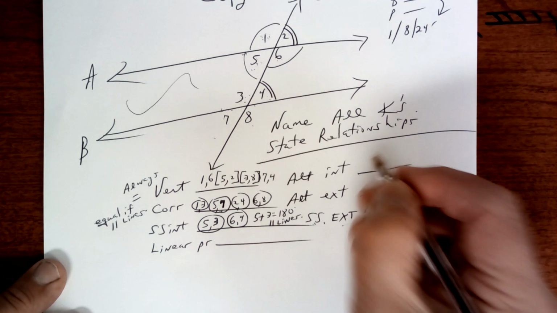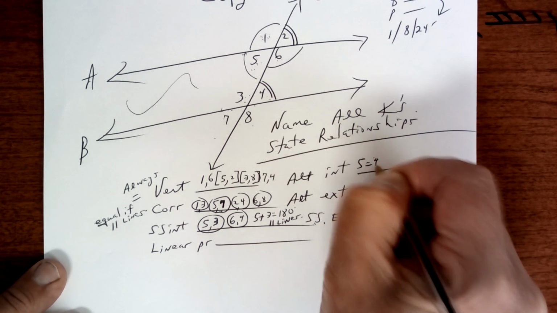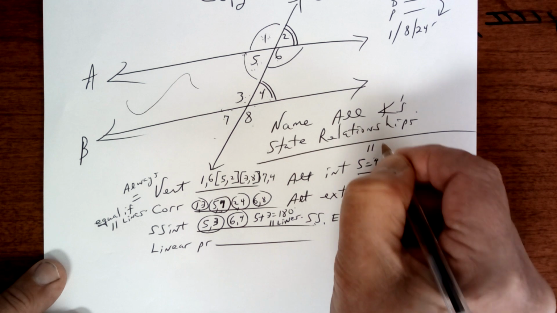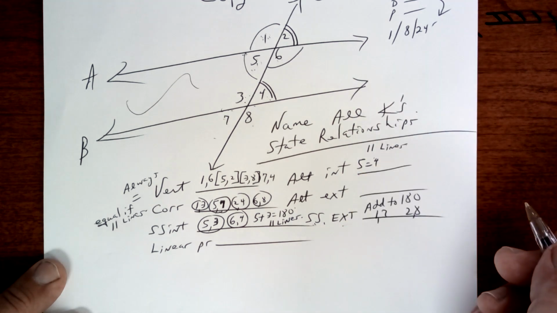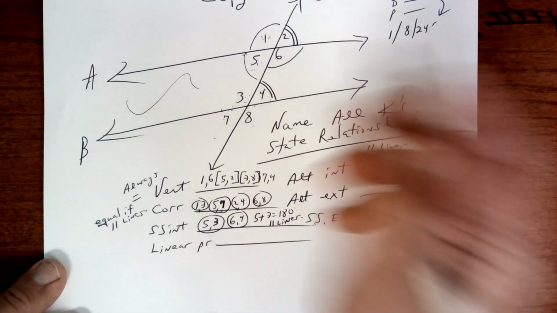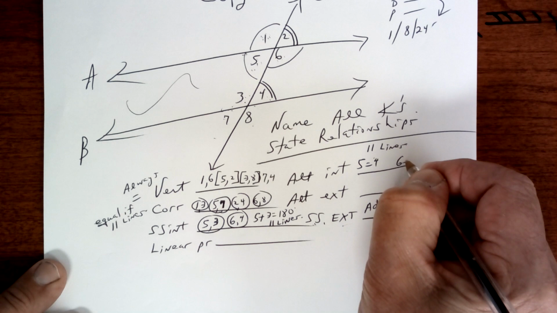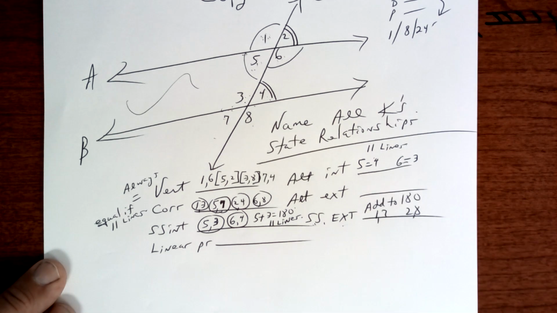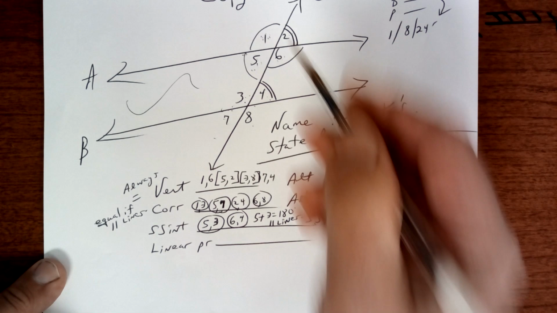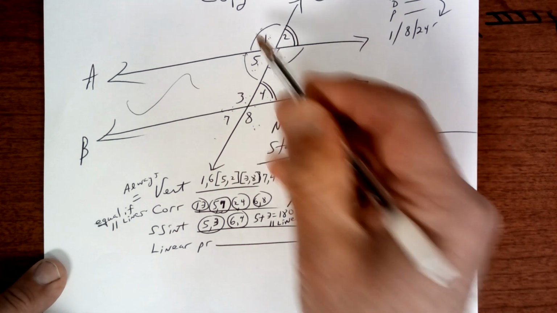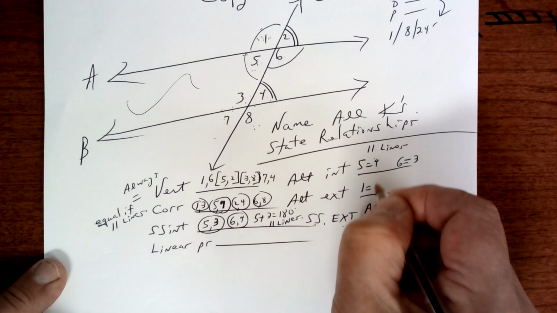So 5 would be equal to 4 if the lines are parallel. If they're not parallel, they're not equal. They would still be alternating interior, but they wouldn't be equal. So 6 and 3. And there it is. Alternating exterior, same way. This one and this one, 1 and 8. So 1 is equal to 8. 2 is equal to 7.